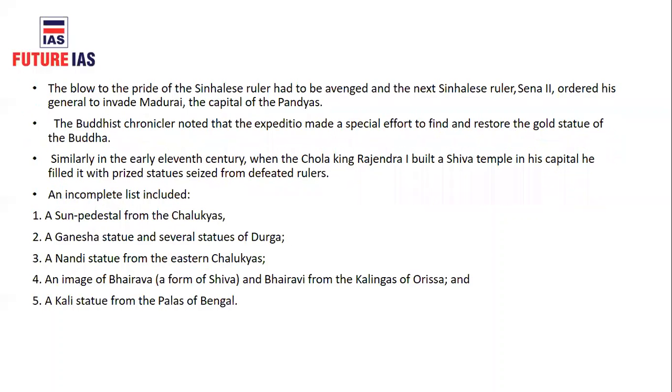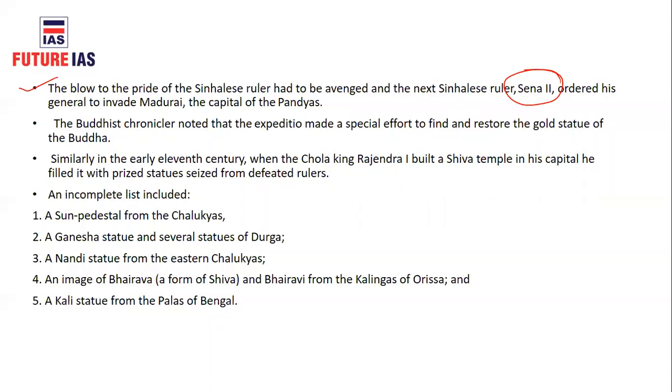So what happened? The Sri Lankan king was a Sinhalese ruler. So these Sinhalese rulers lost their pride, and they wanted to avenge the lost pride, right? Isn't it? So the next Sinhalese ruler, also known as Sena II, ordered the invasion of Madurai, which was the capital of the Pandyas.